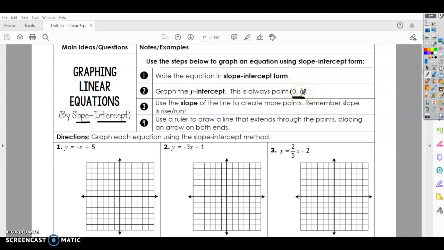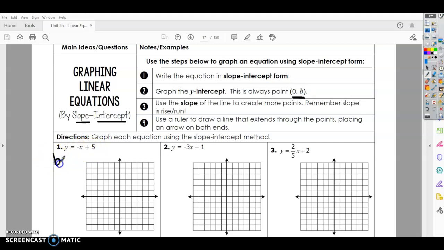All right, so the first thing we're going to do is use the slope of the line to create more points. So you're going to first graph your y-intercept and then use that point as a starting point to graph more points. So if we look at our equation, we have negative x plus 5.